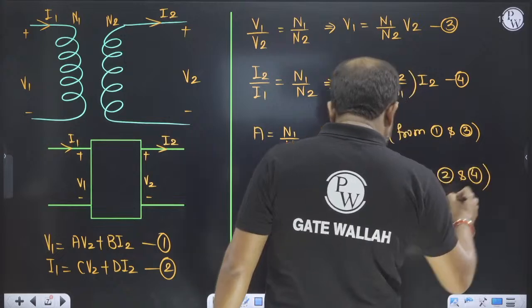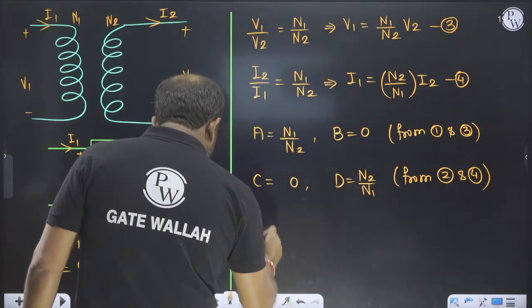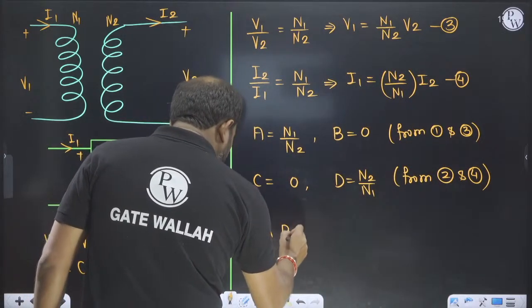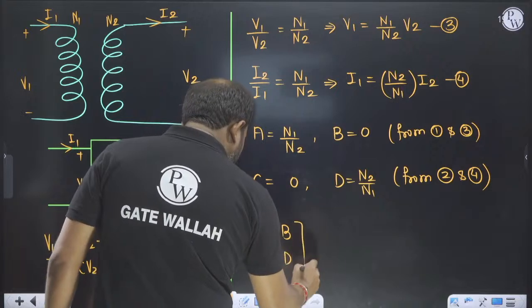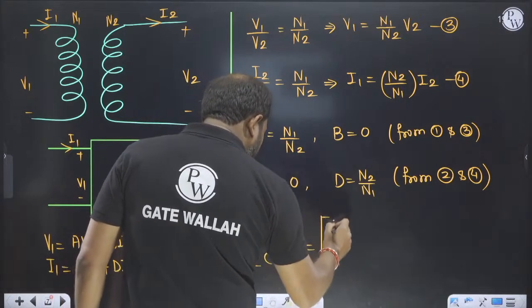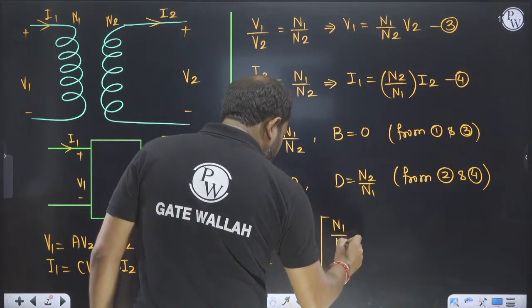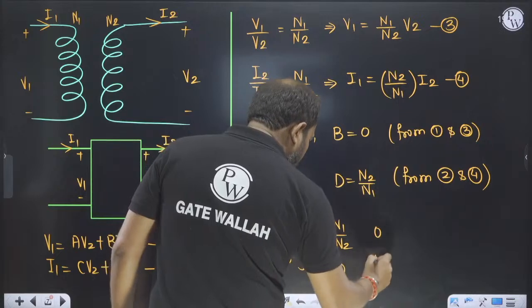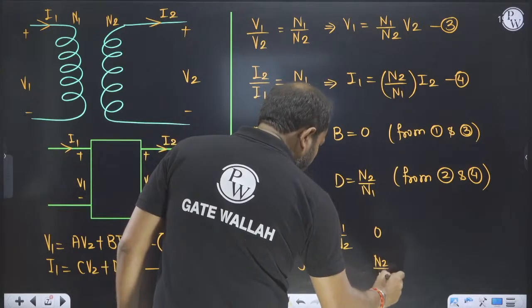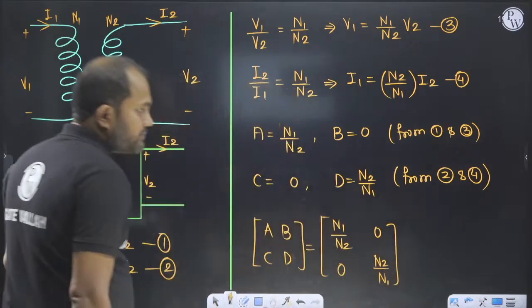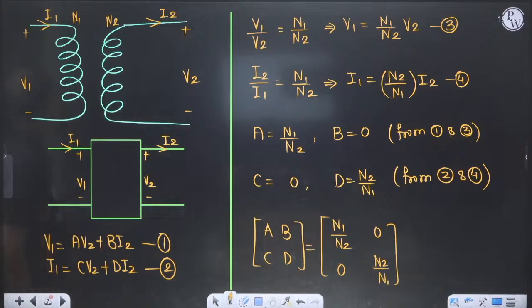So here the ABCD matrix is N1 by N2, 0, 0, N2 by N1. No minus sign. In this case, no minus sign.